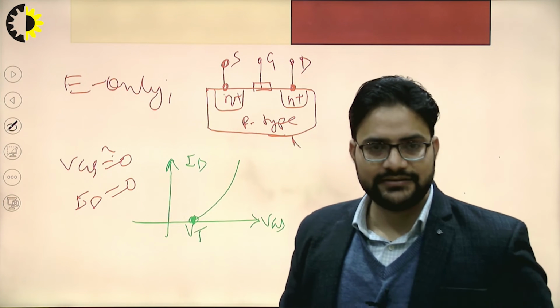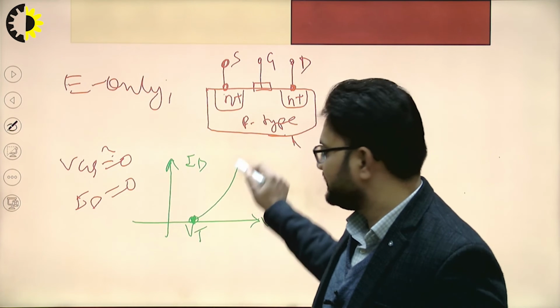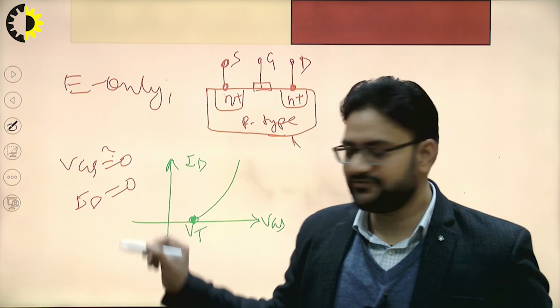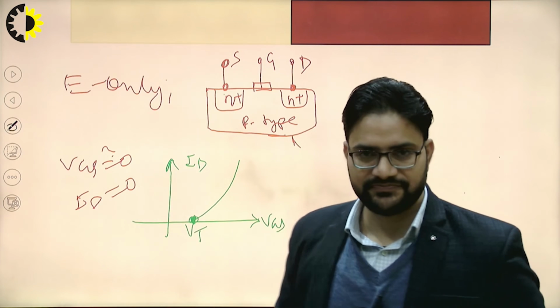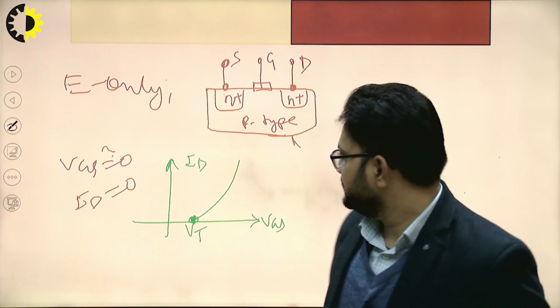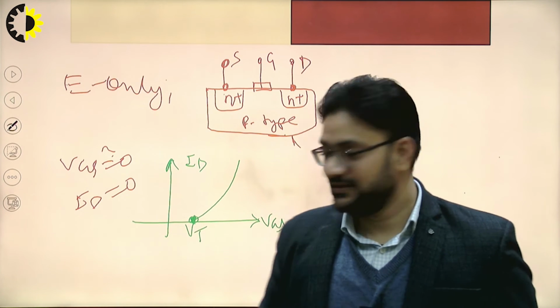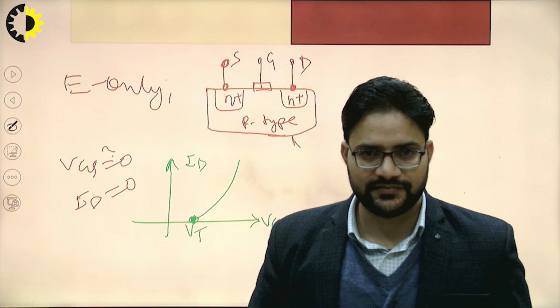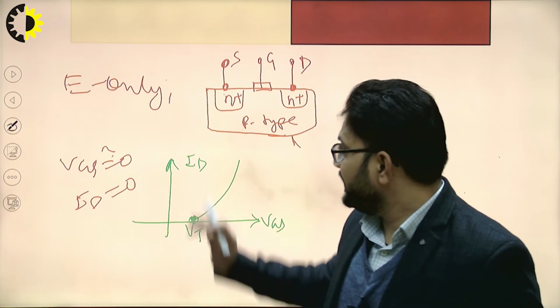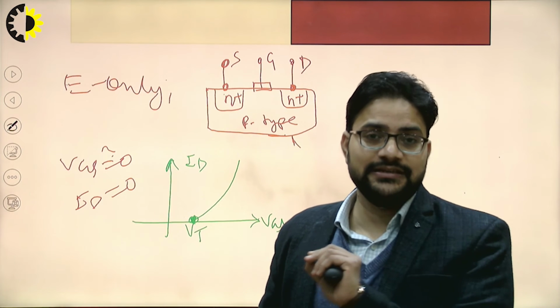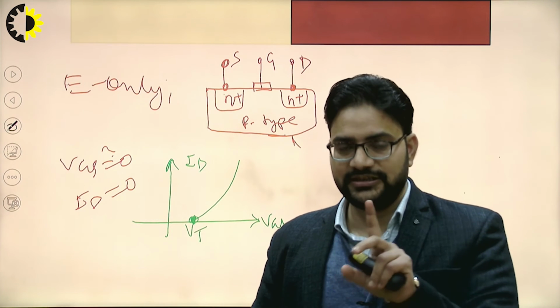Right, and it will increase like this. Drain current will increase like this with the VGS. So this is called the E-only MOSFET gate characteristics. So the E-only MOSFET works only in the enhancement mode. It will not work in the depletion mode.